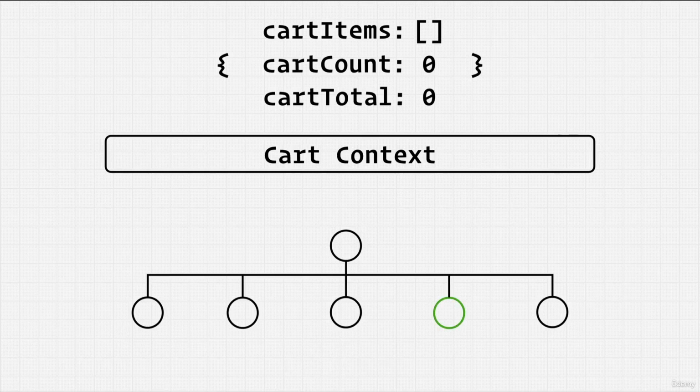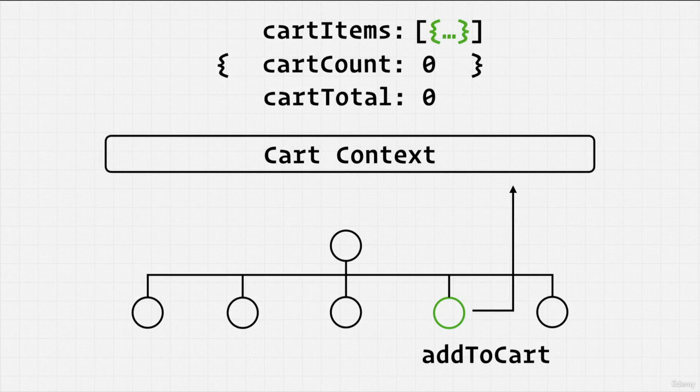Let's say we click and interact with the fourth product card, and we say, I want to add this product to the cart. Cart context, of course, will update with the added product. But what also needs to happen is cart count needs to update and cart total needs to update. These three different values all update due to an item being added to our cart.